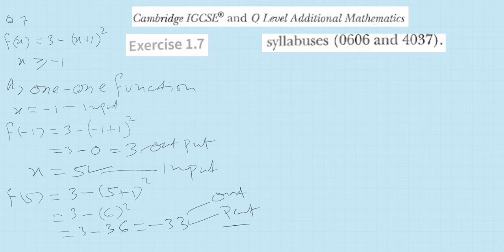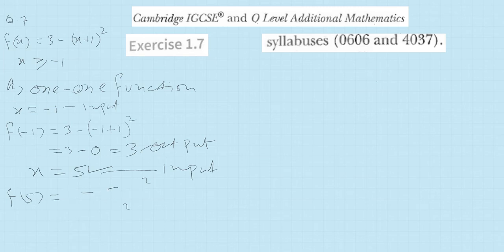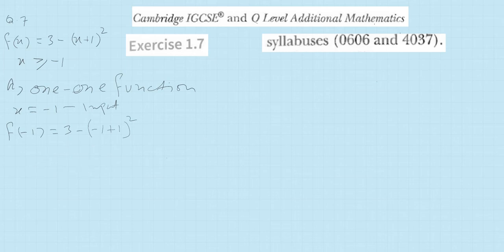I am rubbing out this explanation because I hope you completely understand this question. So if a function has an inverse, you may say it is a one-one function, or you can say if a function is one-one, its inverse exists.